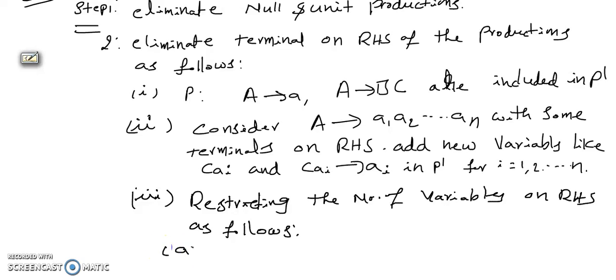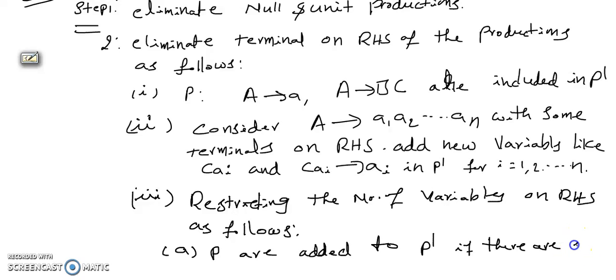So in that, step 1, all the productions of the form in P are added to P' if they are in the required format, which means the CNF format.